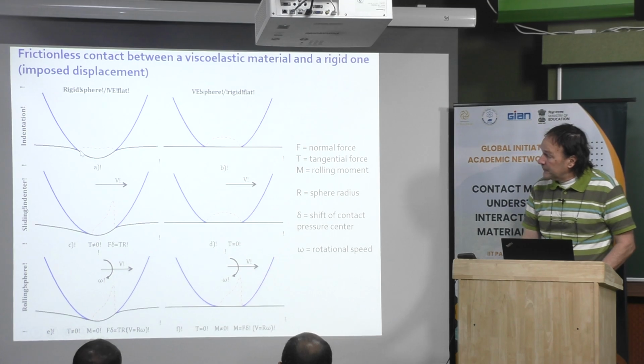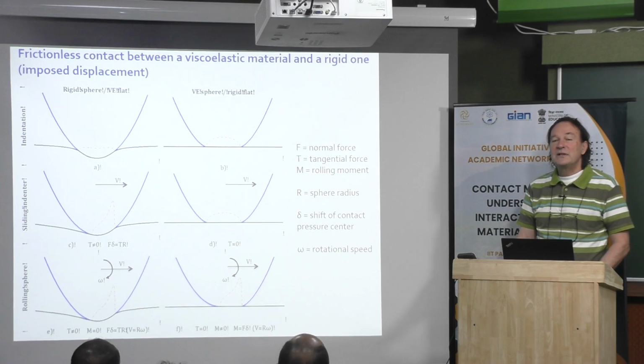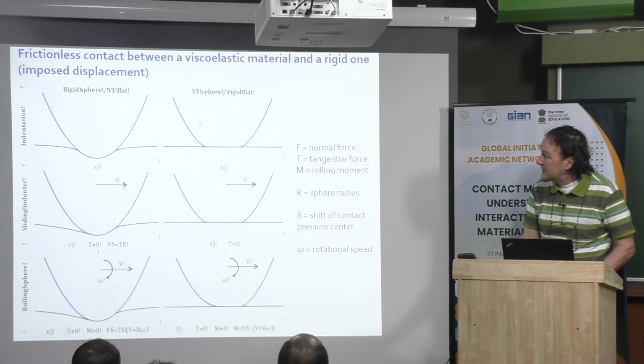Now, the red dashed line corresponds to the pressure distribution. You have to remember that the pressure is always normal to the surface. For example, on the right, the pressure is vertical, purely vertical. Here, this is not the case. The pressure is normal to the contact surface.